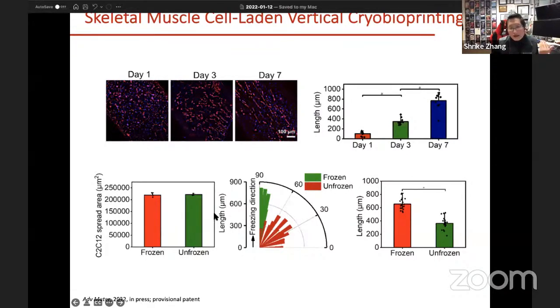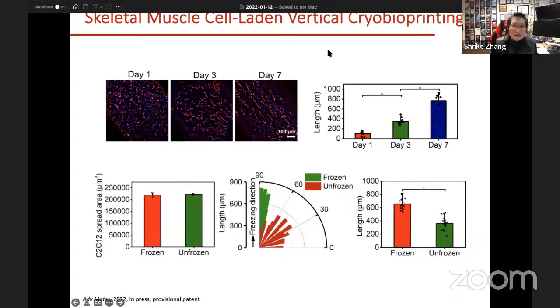And you can compare the spreading area between frozen and non-frozen structures. If you look at the spreading areas, there's not much difference, but if you look at their angles, right? So the frozen samples have much better alignment of the skeletal muscle cells in one direction than the unfrozen samples, and also the length of the myofibers that are forming within these structures.